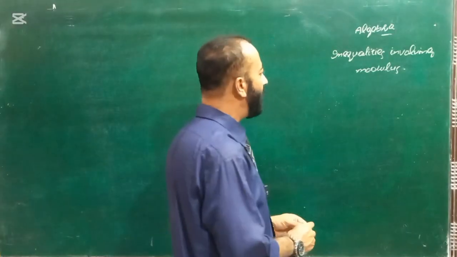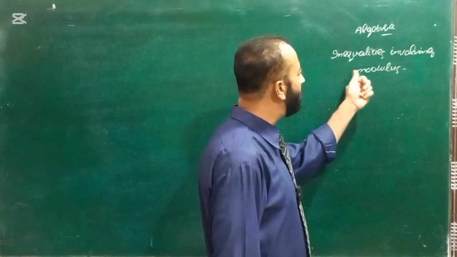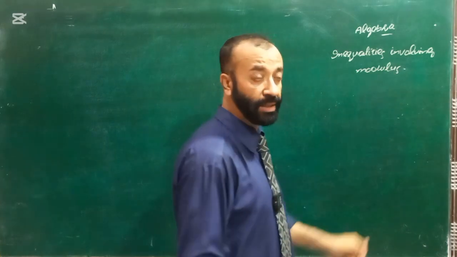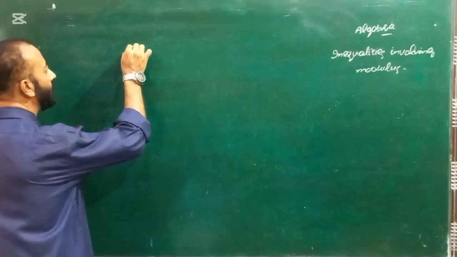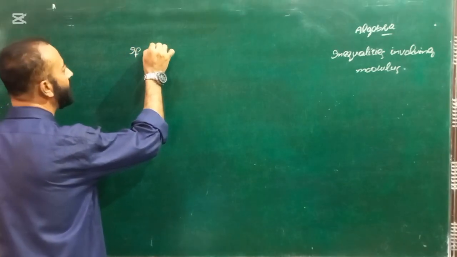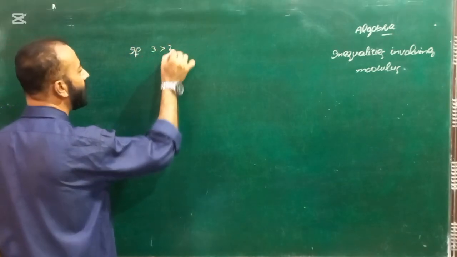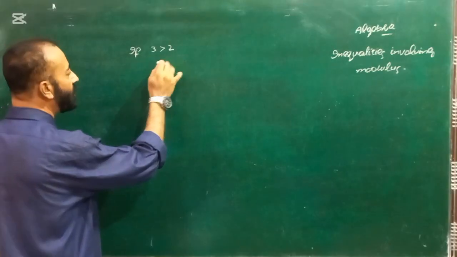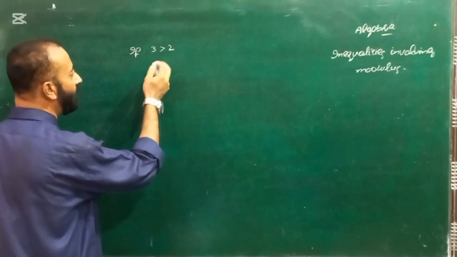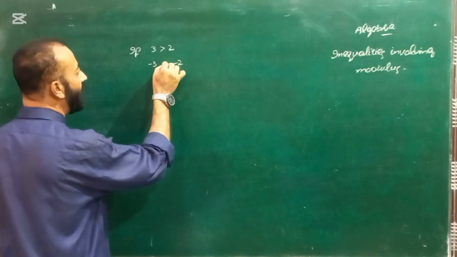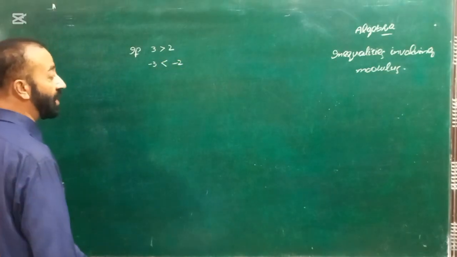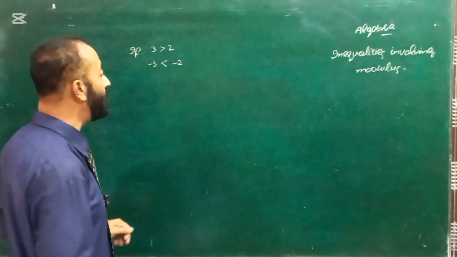The next thing that we are going to start in algebra is inequalities involving modulus. So be careful now. Look now, if 3 is greater than 2, and we multiply the inequality with a minus sign, the inequality sign will be reversed. This is one important point that you have to remember.